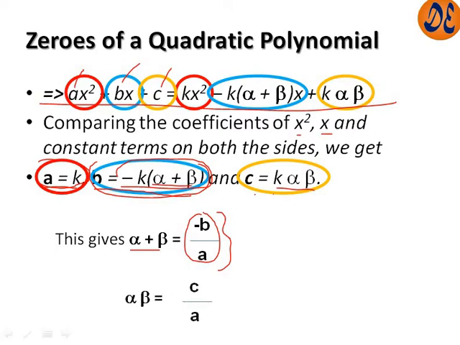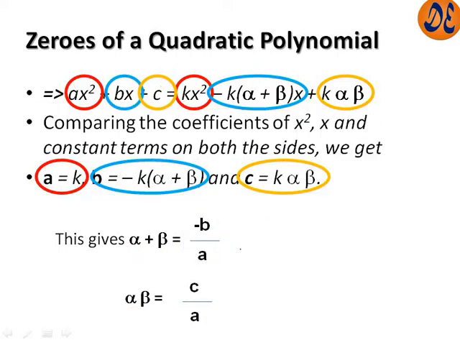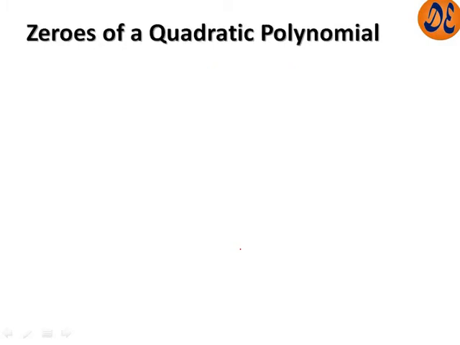Similarly, from c equal to k alpha beta, alpha beta is equal to c by k, and substituting the value a for k, alpha beta is equal to c by a. I will just advise you to learn these formulas so that you can solve the examples later on.